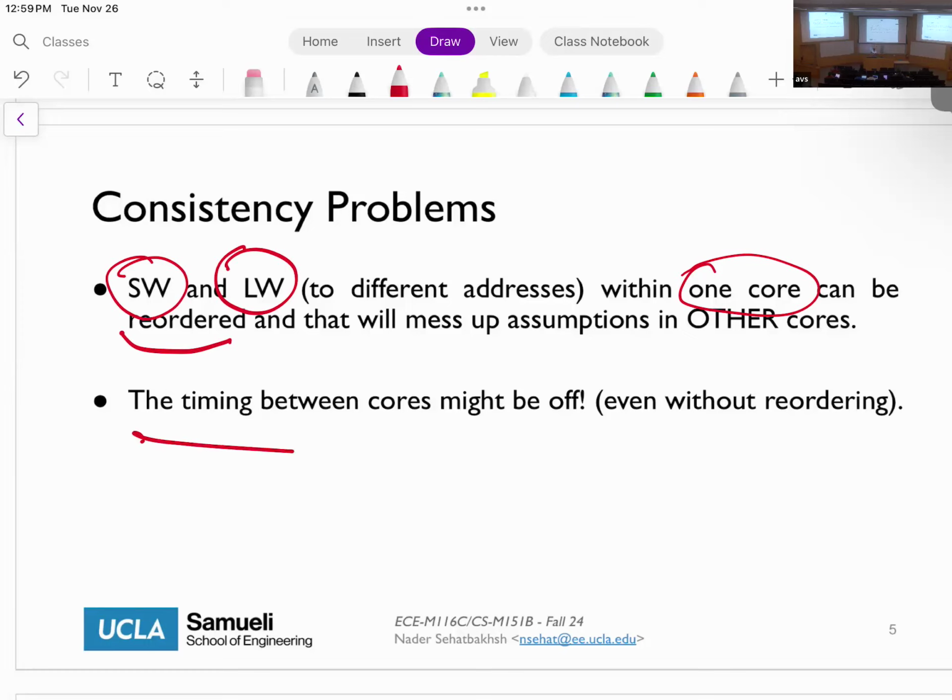The second problem is race conditions, where the timing between the cores might be off, and as a result, these things might interleave with each other. Even without reordering, so assuming that you don't reorder anything, you still might have issues, okay? So these are the two reasons that you have the consistency problem.